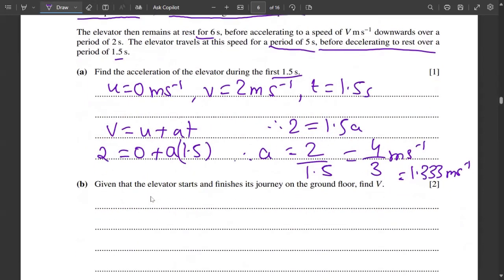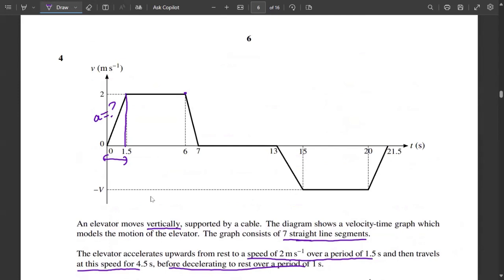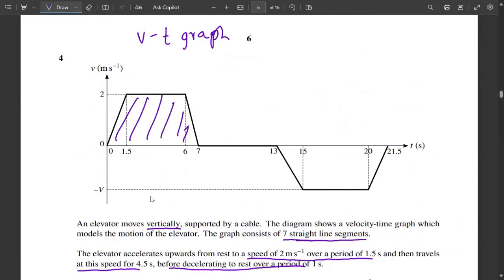Okay, let's move to the next question. Given that the elevator starts and finishes its journey on the ground floor, find v. What I need you to realize here is that this is a velocity time graph, so if I find the area under the graph, here the velocity is positive. That means the elevator is moving upwards.